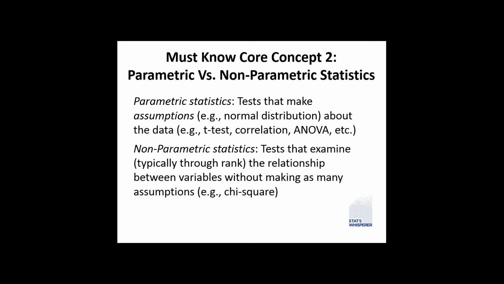Now, the must-know core concept 2, parametric versus non-parametric statistics, right? Statistics are often broken down into 2 families. The first being parametric statistics. You might have heard of them: t-test, correlation, ANOVA. They're based on equivalence of variance, how scores vary together equally.